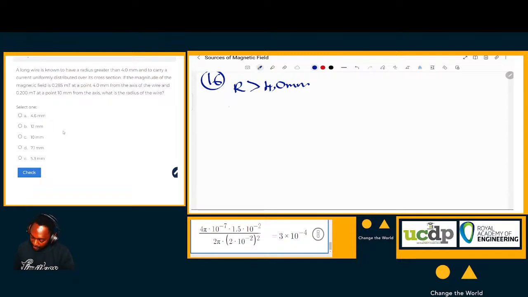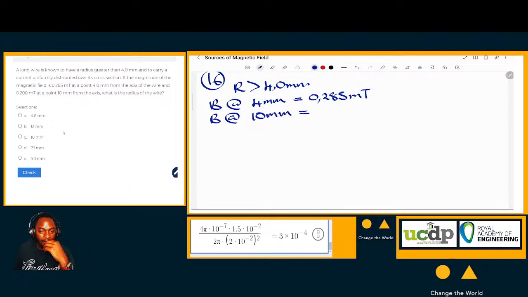Then we're told that the magnetic field B at 4 millimeters is equal to 0.285 millitesla, and then B at 10 millimeters is going to be 0.20 millitesla.